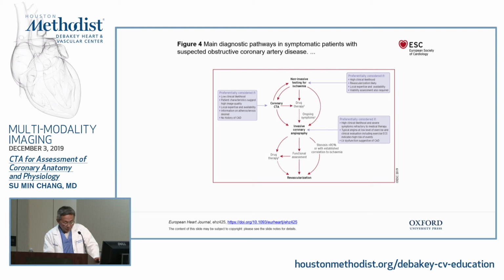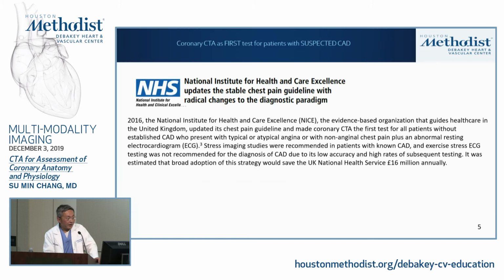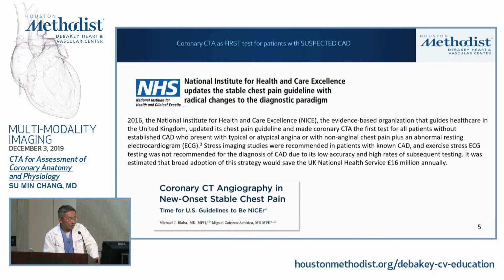But anyway, this is not surprising because, you know, even 3 years ago, the UK National Institute of Health and Care Excellence, which you know the British are very cost conscious, and usually they base their recommendation on rigorous evidence-based medicine, which in this case, a lot of people accuse them of taking too far in terms of a leap of evidence.